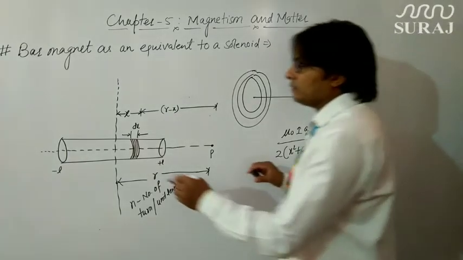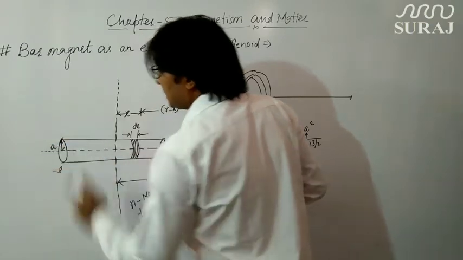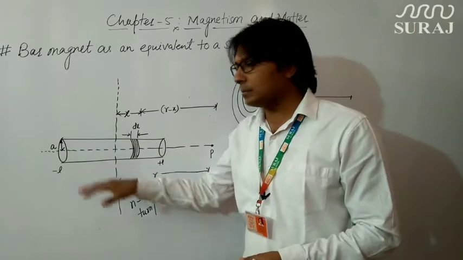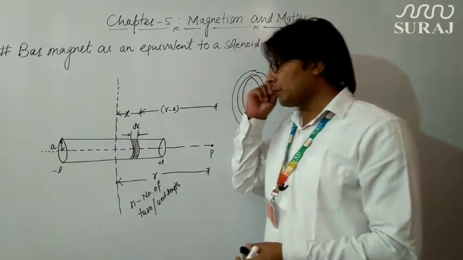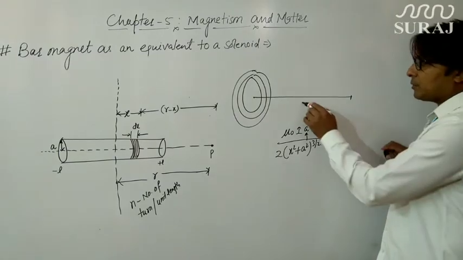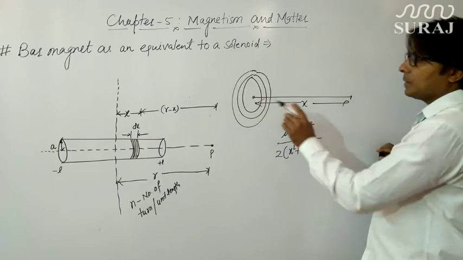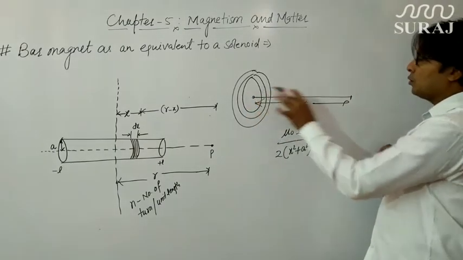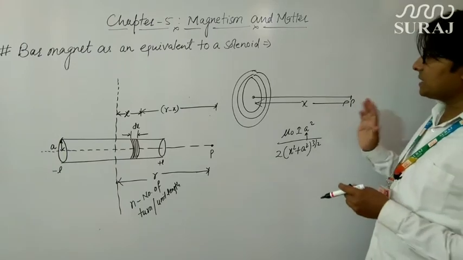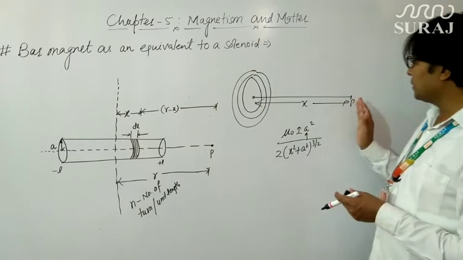So here we have assumed a as the radius, and this radius will in fact be the same for all the loops wound on this solenoid. So a is the radius. What was x in this formula? In this formula, x was the distance of the center of the loop from the point P. So here, what is the distance from the center of these loops to point P?